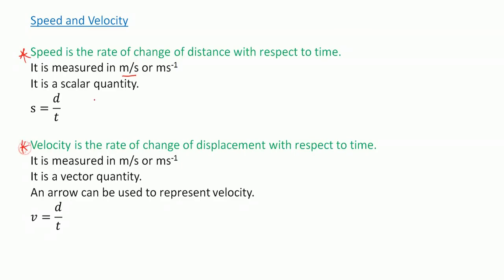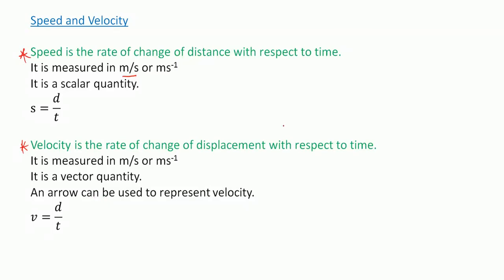Velocity, on the other hand, is the rate of change of displacement with time. So we just looked at the difference between distance traveled and displacement. So velocity is the rate of change of displacement with respect to time. It is also measured in meters per second, and it is a vector quantity. An arrow can be used to represent velocity, right?